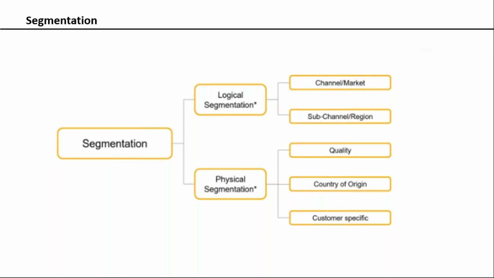So how that functionality works in APO: characteristic based ATP means carrying out the ATP check based on batch characteristics. If you take the food, chemicals or pharmaceutical industry, shelf life is most important, country of origin is most important.